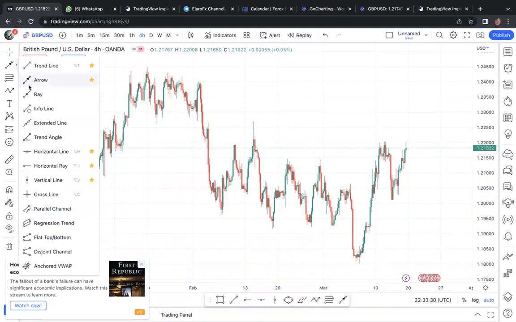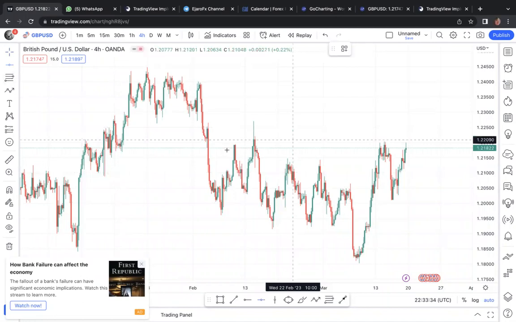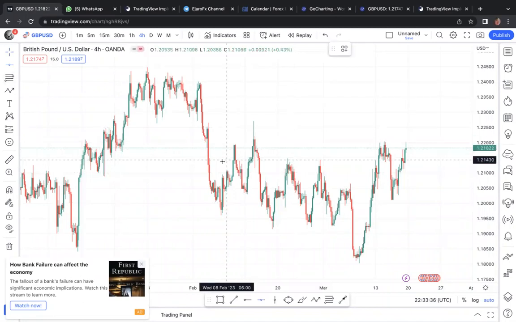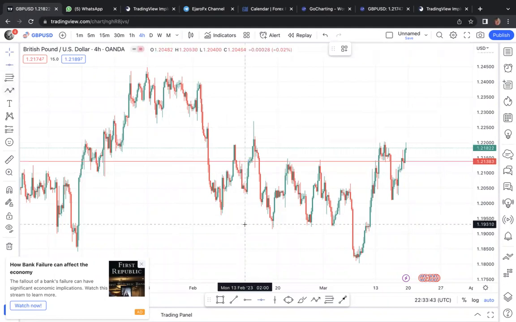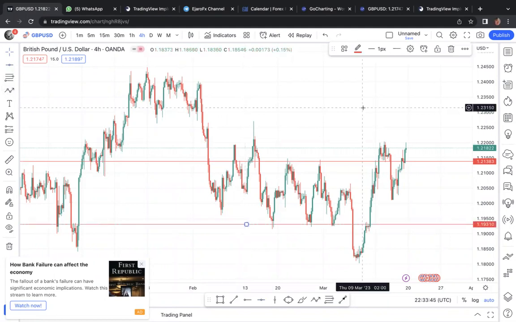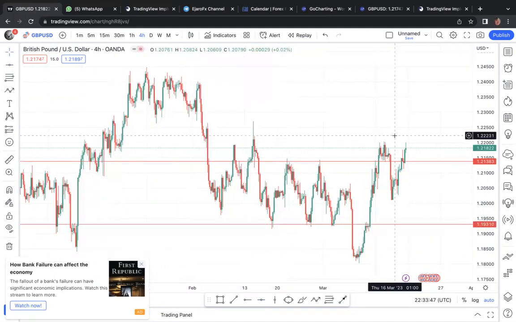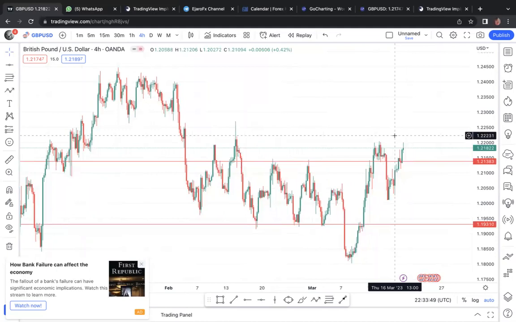This is what's happening in the GBP/USD. See, the market has been ranging here and here. In this kind of market, you need to stay away because it is not your thing. It is not my thing.